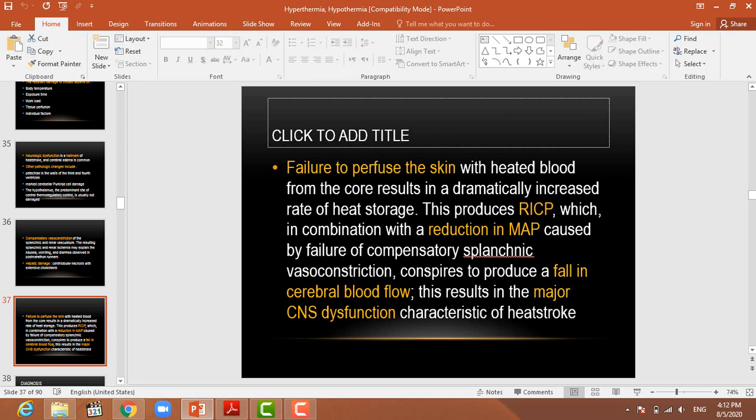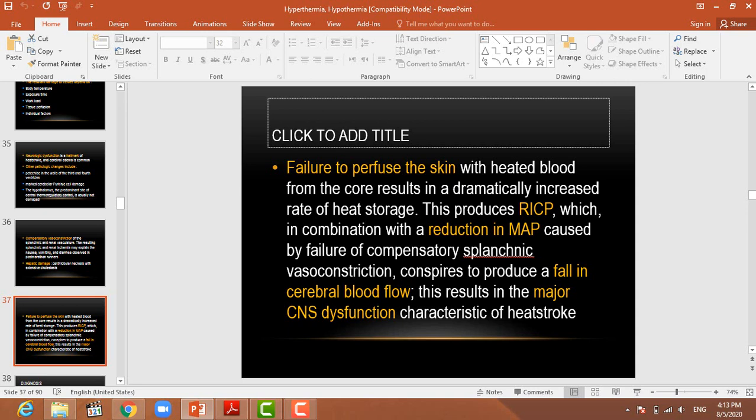The cutaneous vessels which are supplying the skin are responsible for transmitting the heated blood to the skin, and from there it is shifted to the environment. When you are unable to provide the heated blood to the skin, or the skin is unable to evaporate it into the environment, it will lead to the storage of heat in your body.